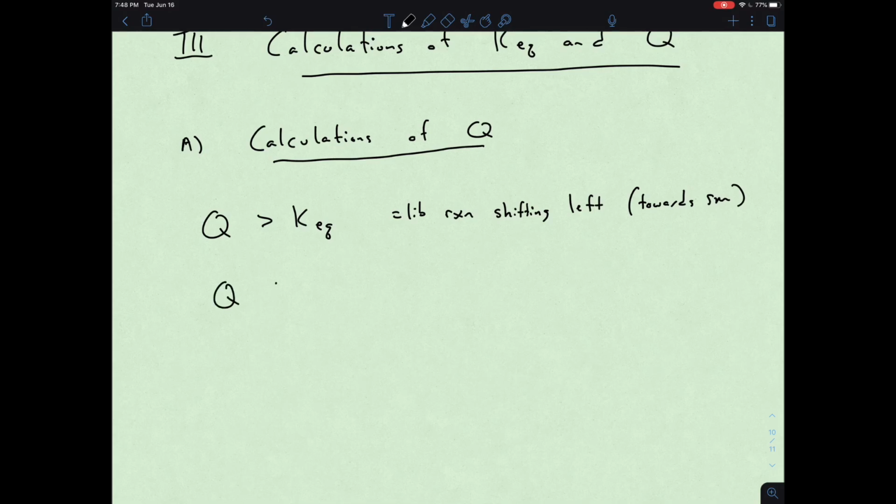And if Q is less than K, then we have the opposite scenario. Now the equilibrium is shifting right or towards our product.